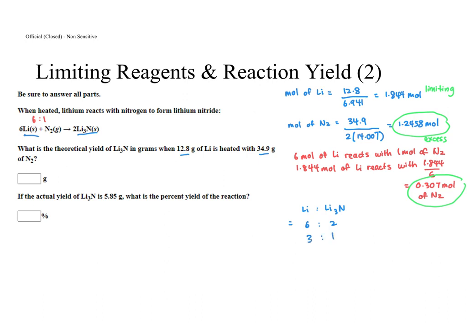It's a 3:1 mole ratio. So the number of moles of lithium nitride would be equals to the number of moles of lithium, which is 1.844 and divide by 3. So you get 0.6147 moles of lithium nitride.